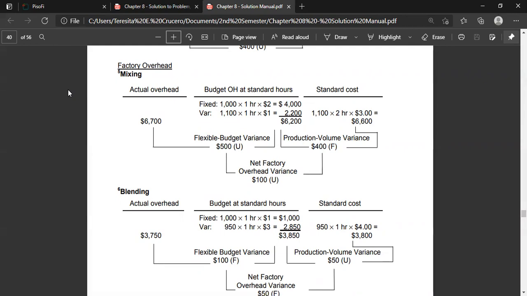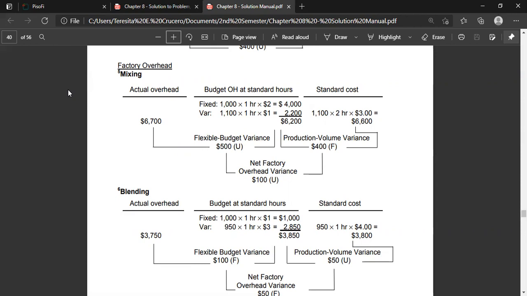In the blending, we have the actual, and then we have now the budget at standard hours. So we get the flexible budget. Compare 3,850 by 3,750. Unfavorable, but it's a negative variance. Here, the standard cost is 3,800.